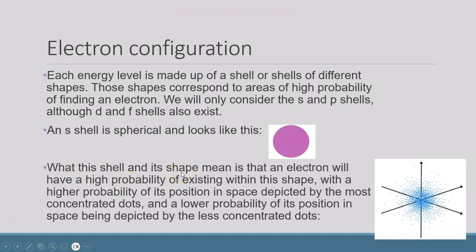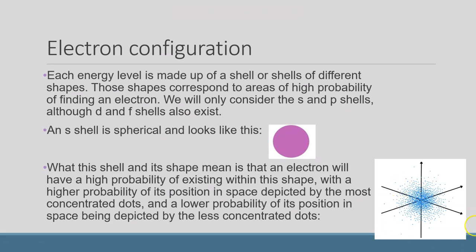So what this shell and its shape mean is that an electron will have a high probability of existing within this shape. The highest probability of the electron's position is depicted by the more concentrated dots, and a lower probability by the less concentrated dots. Right in the center where all the axes meet is where your nucleus exists.